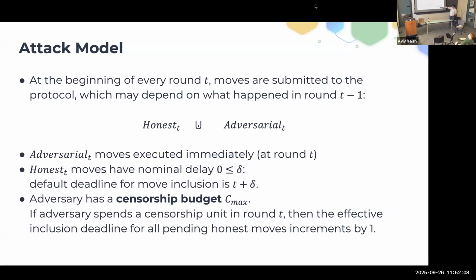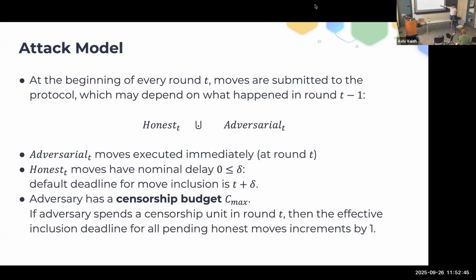We are assuming also that the honest moves have some nominal delay, which is like the regular time that you may expect for them to be included. Think of this as the time to realize what move you need to do, to prepare, to compute all the hashes you need, and submit it. In Arbitrum, we wait until that block is finalized on Ethereum before submitting, because we don't want reorgs and things like that.